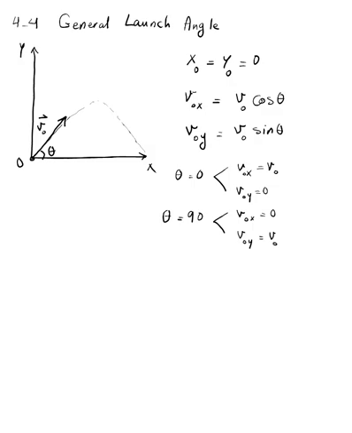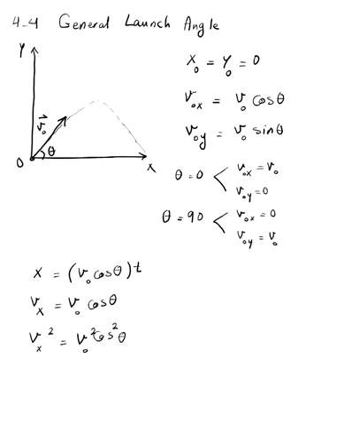Then I get x equals v naught x times t, so it's v naught cosine theta times t. This is one set of equations in the x direction, and then Vx equals V naught cosine theta, and Vx squared equals V naught squared cosine squared theta.